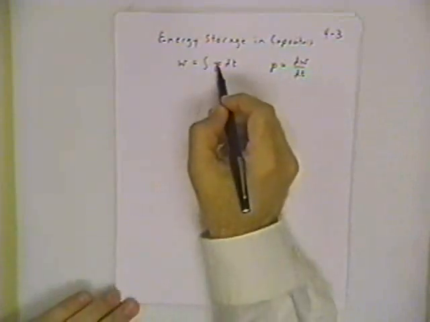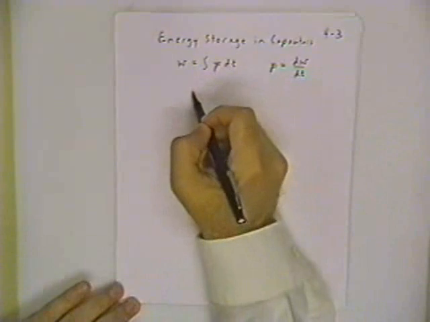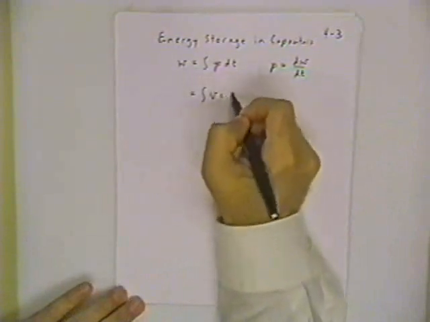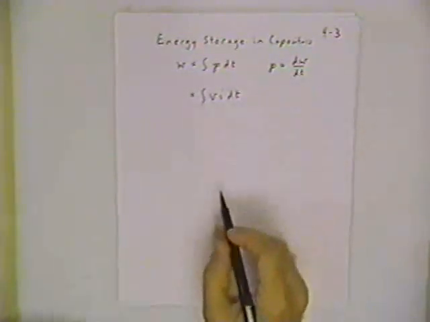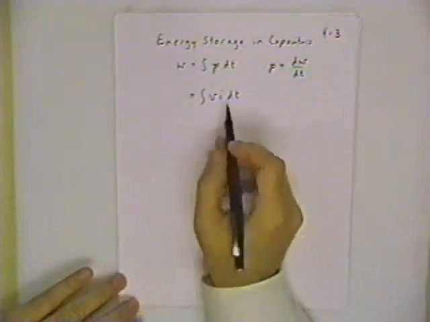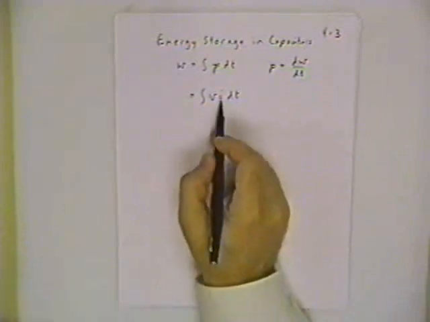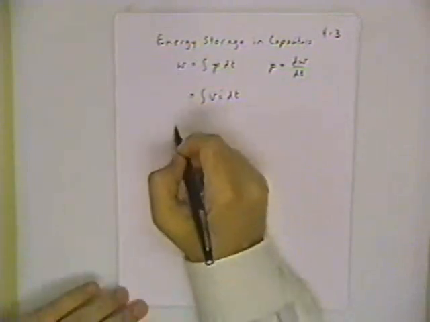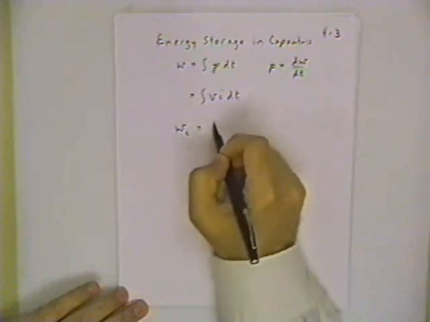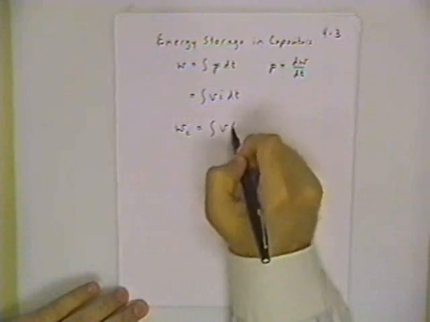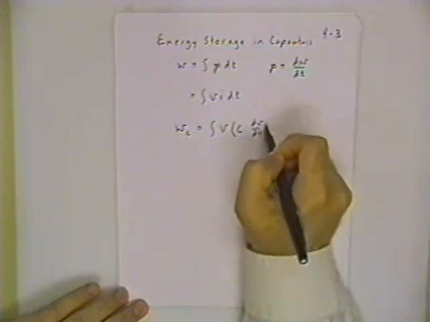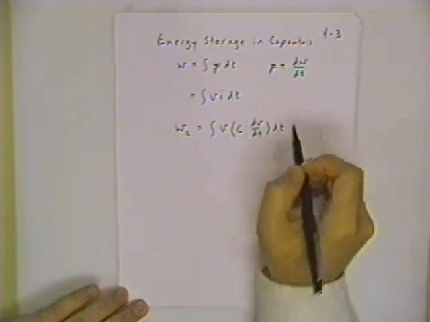For an electric circuit element, power is voltage times current. So what we can do is make this a VI product. Okay, but now for a capacitor, we have a current that's proportional to the rate of change of voltage. That's that math model that we just came up with. So let's make this a specific equation for capacitor energy. Integral of voltage times C dV/dt times dt.